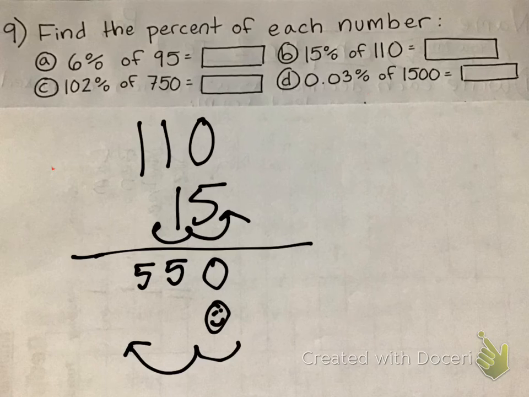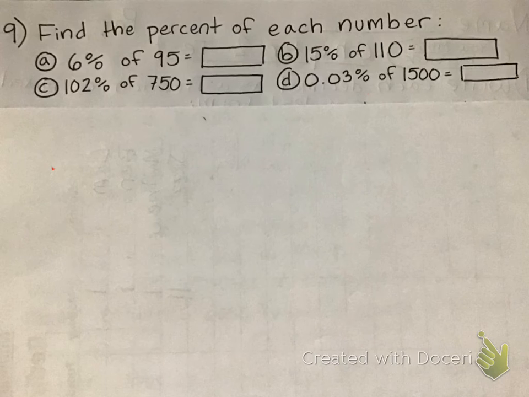We put our magic 0. 1 times 0, 0. 1 times 1, 1. 1 times 1, 1. We add them together. We get 0, 5, 6, 1. We move it back twice. We get 16.5. Exactly. What is 102% as a decimal, Fernando?